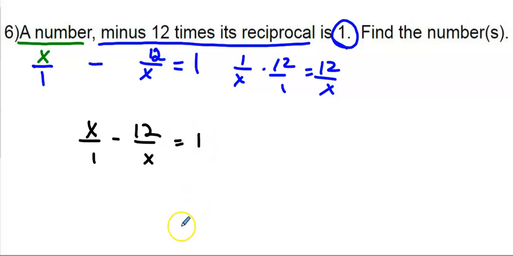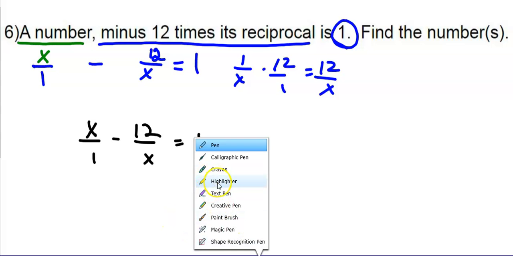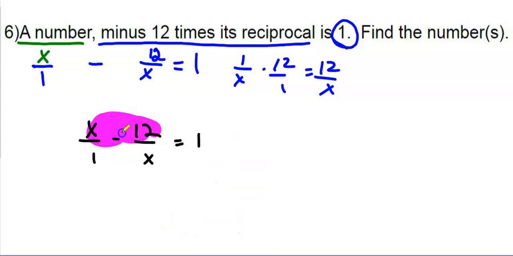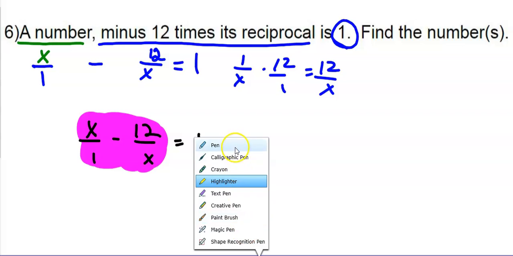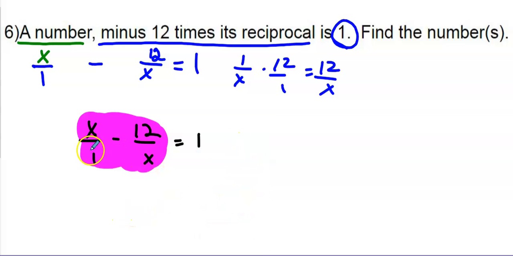So what I can do is take the left side of this equation. That's what I would prefer to do, is take this part and make it have a common denominator. A common denominator is X. Well, the 12 over X already has the X as a denominator. I need the X over here as a denominator. I keep circling these because I'm used to that PDF where y'all can't see what I'm pointing to, but I know you can see this.